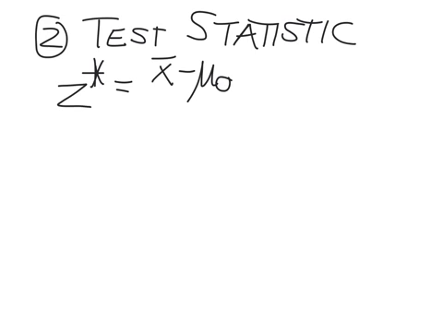And that's going to be x bar minus mu sub 0 over sigma over the square root of n, which actually looks just like our beautiful probability formula. Nothing very interesting there. You'll get every one of those pieces out of your problem itself, so you don't have to go looking for those. And the mu sub 0 is just the number on the right-hand side of the hypothesis.